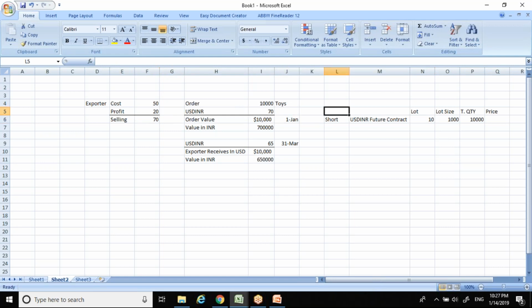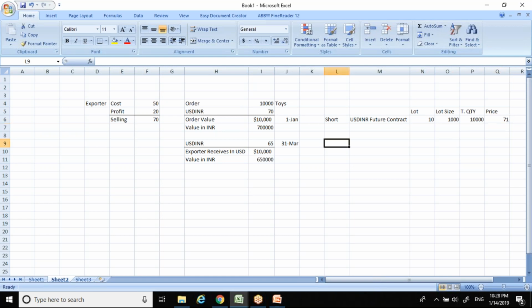Because as per the interest rate parity, which we will learn, the foreign currency will be quoted based on the interest rate differential of these two currencies. Let's suppose it is around 71. So you're short selling at 71. Here the basis, the spread between the spot, which is 70, and the contract price, is 1.